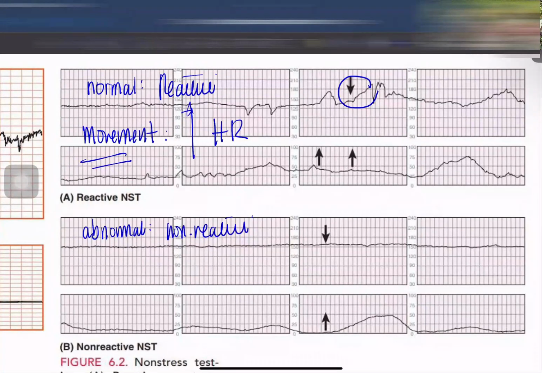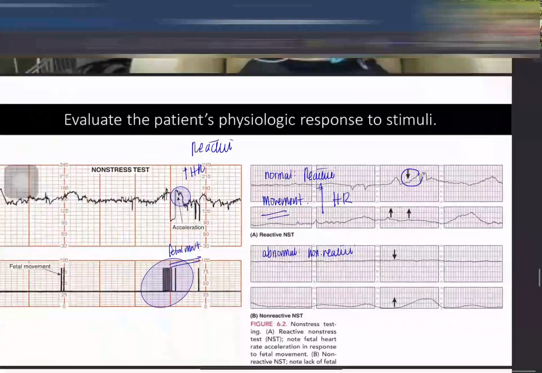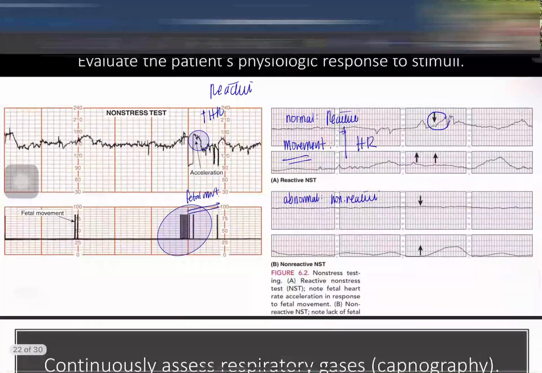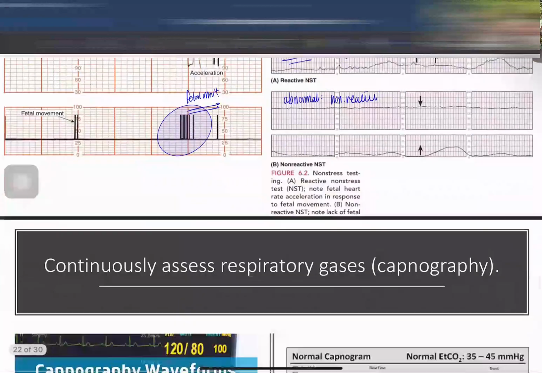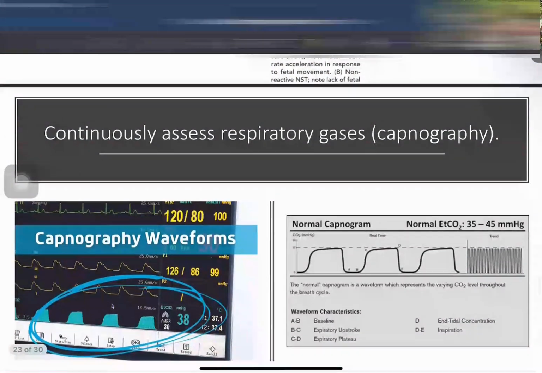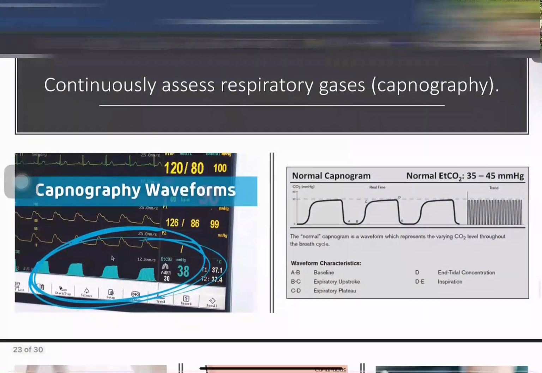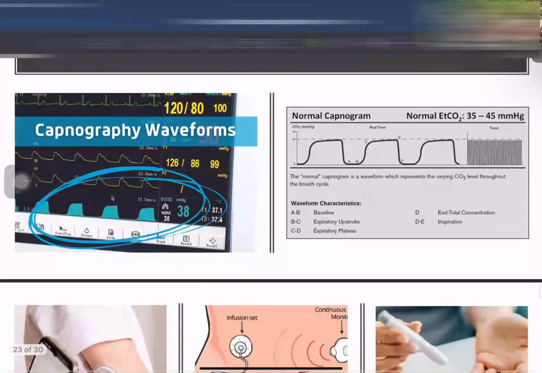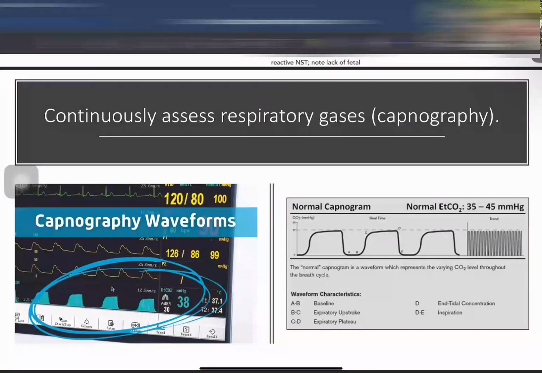Okay? Now again, students, technology that is helping us to assess our patients. And then another thing is that it allows us to continuously assess our respiratory gases. One example, class, is what you refer to as your capnography. Your capnography, dear students, monitors your carbon dioxide levels.